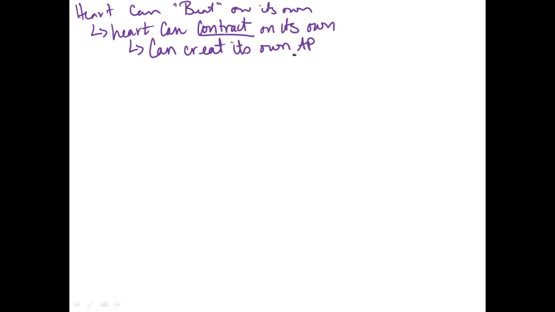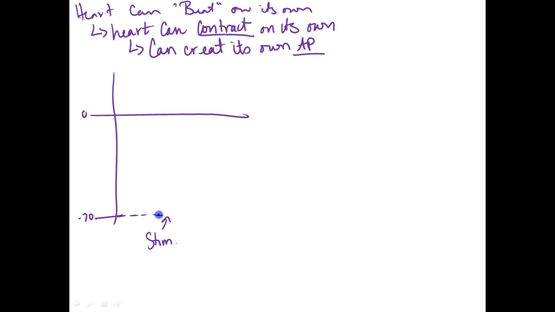Now, let's do a quick review from ANP1 of an action potential and what it actually is, since we kind of need to know this stuff. So we're going to go ahead and draw our graph, and we have a 0, and down here we're typically around -70, and then we have some kind of stimulus that's going to cause our resting membrane potential to rise up, hopefully reaching this magic number of -55, which hopefully you should have the word threshold popping into your head.